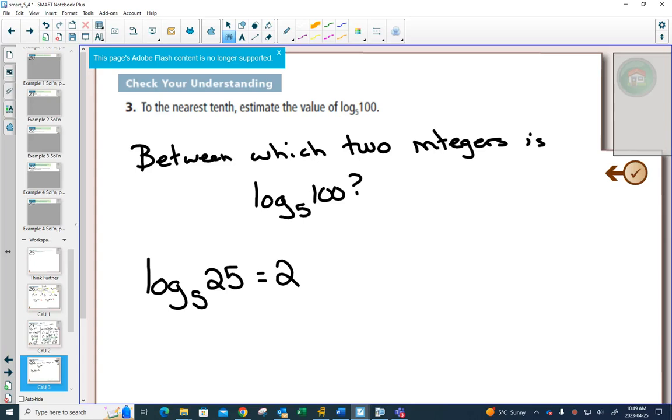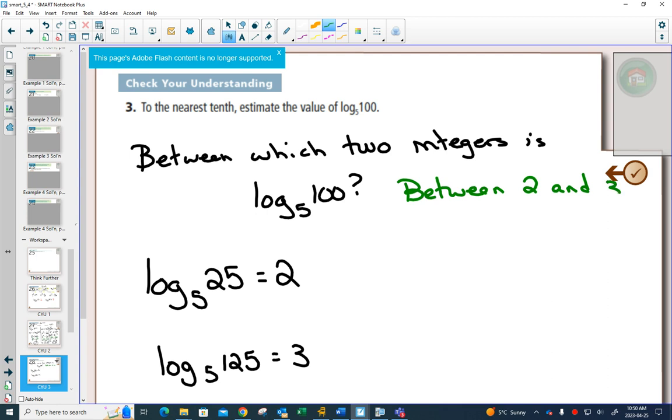And you know that 5 cubed is 125, so that tells us that log 5 of 125 is 3. So the answer to this question is that log 5 of 100 has to be somewhere between 2 and 3.